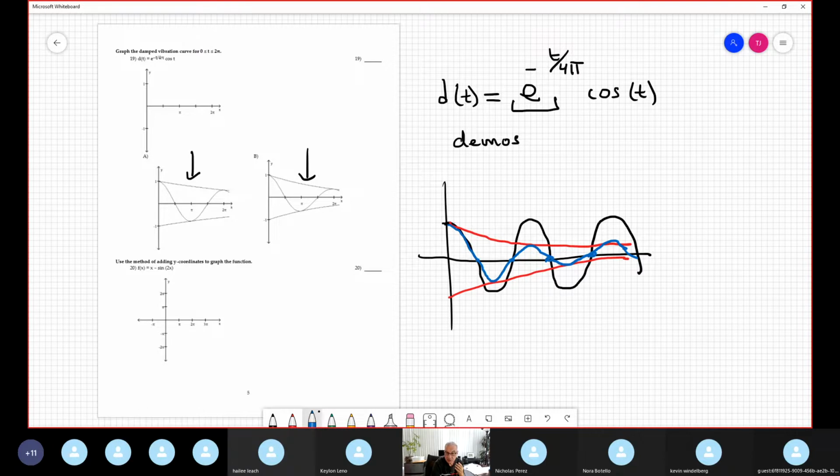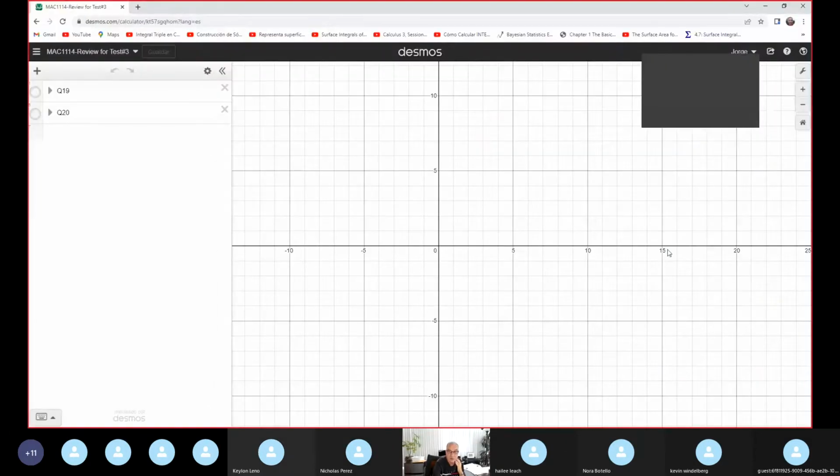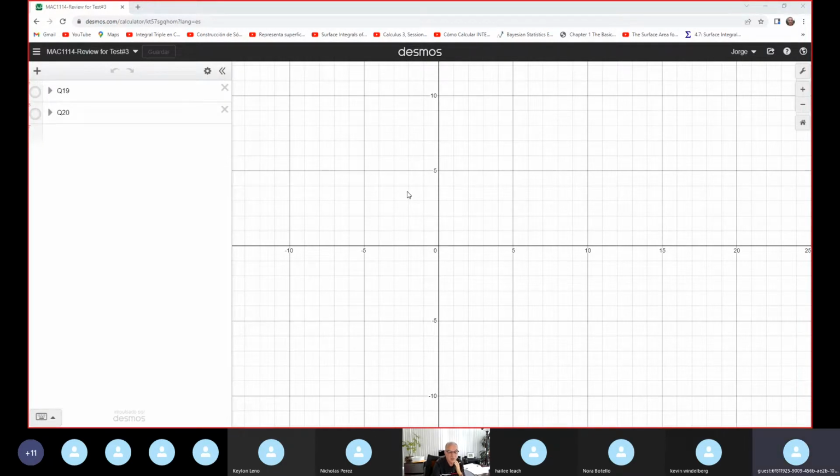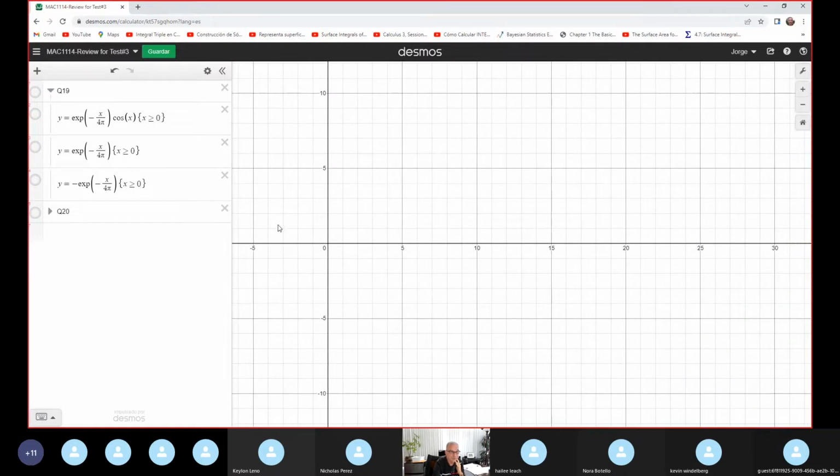Okay, this is Desmos. Do you see Desmos? Do you see or no? Yes. Okay. Question 19. I did that like that. This is the exponential, cosine. Of course, I put the restriction because I want the answer only on the positive x, not negative. I don't care about negative.